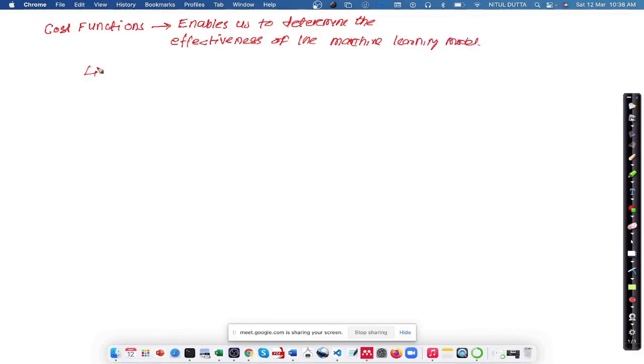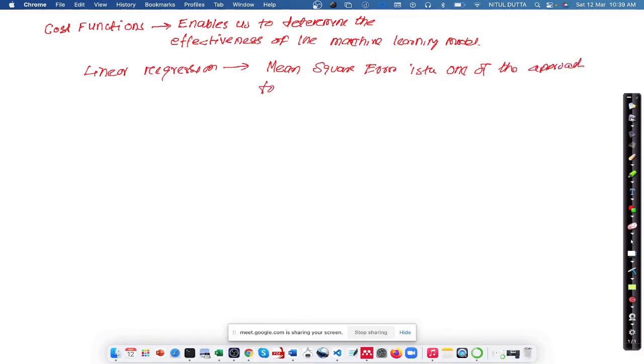In case of linear regression, mean square error is one of the approaches to calculate the cost of the model, right?